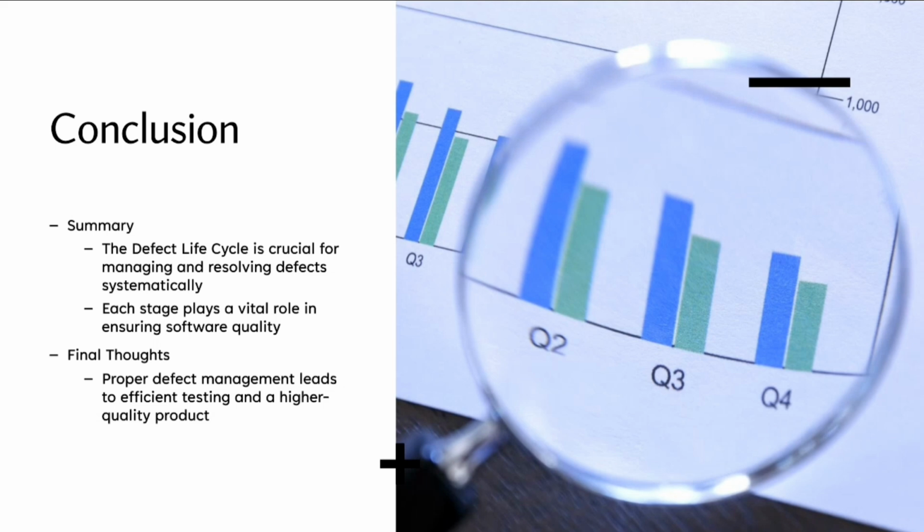And sometimes the customer also needs the defect report, so they are also looking for it. So proper defect management makes our testing more efficient, and my product should be a higher quality product if we can track the defects properly.